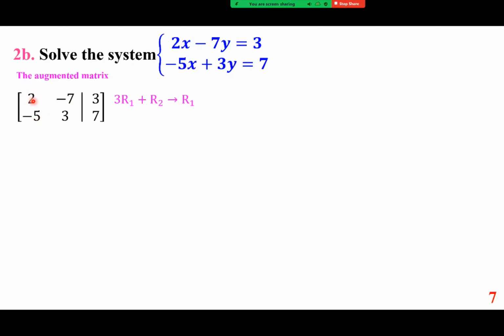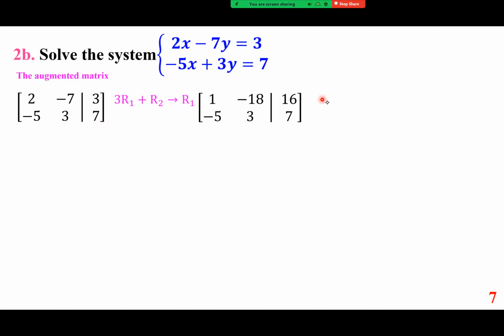So 3 times 2 is 6, and negative 5 is positive 1. 3 times negative 7 is negative 21, and 3 is negative 18. 3 times 3 is 9, and 7 is 16. That's how we arrive at those.